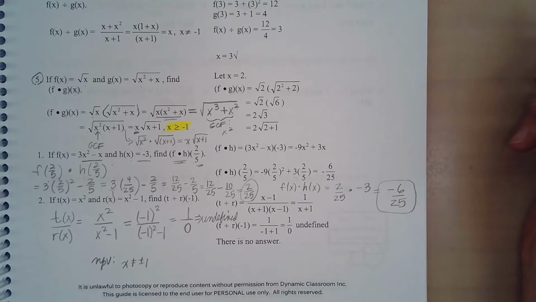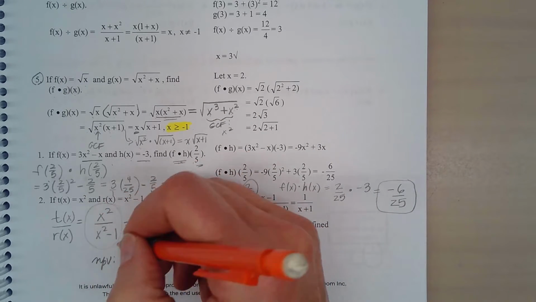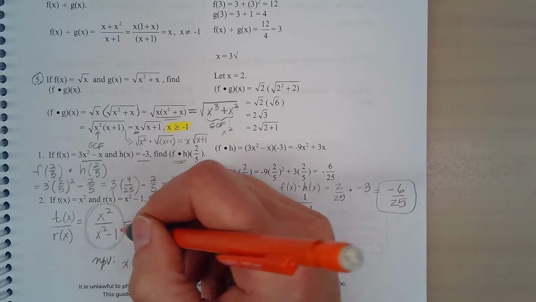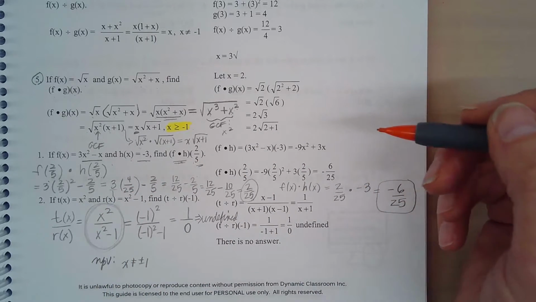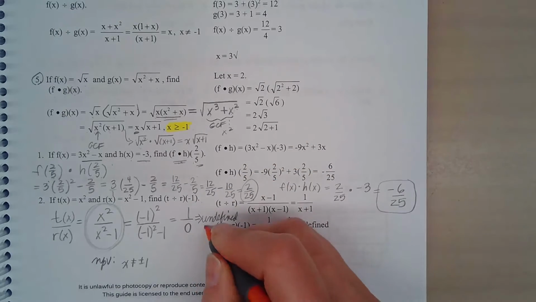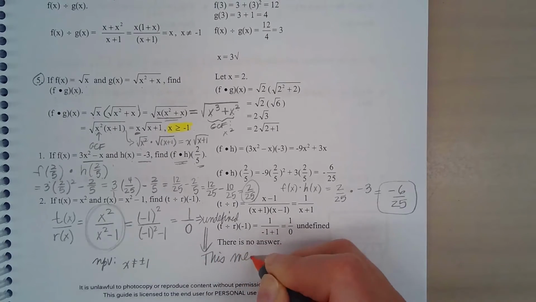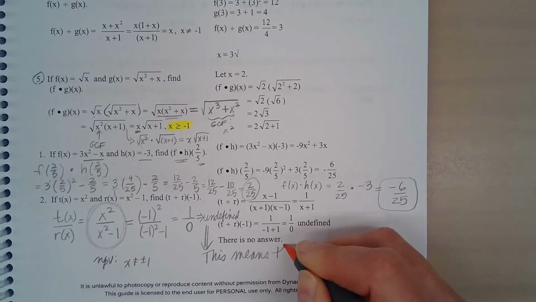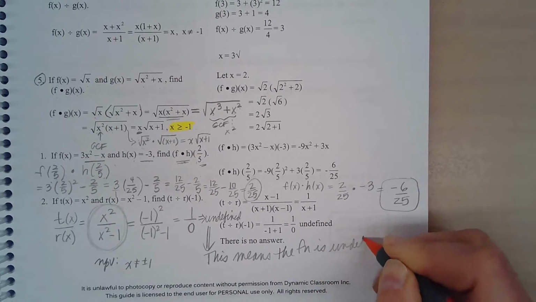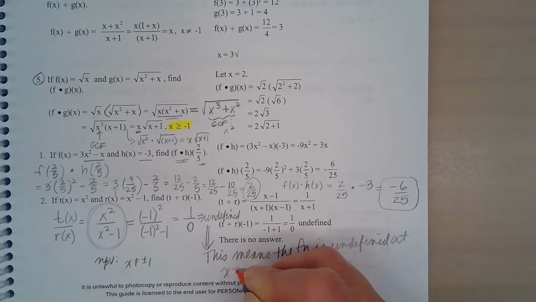Now, they said find the value of the function at negative 1. This is the function. What type of function is this? Rational, right? So if the function is undefined when x is equal to negative 1, doesn't that mean the function is undefined at x equals negative 1?